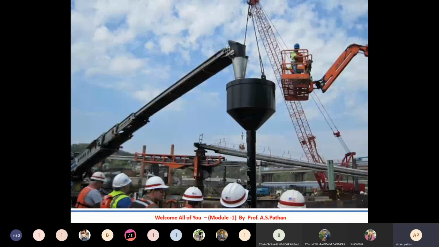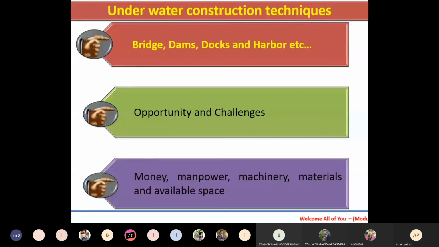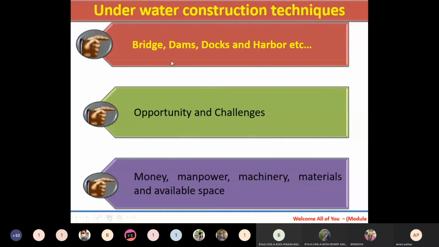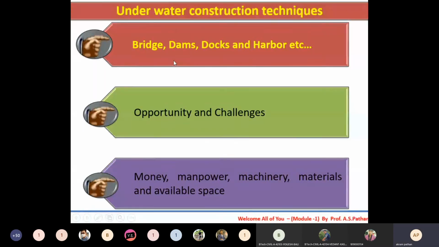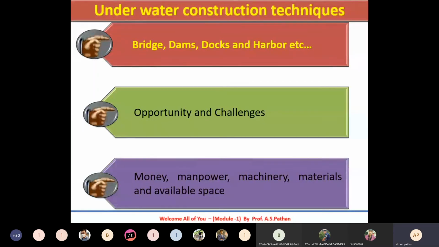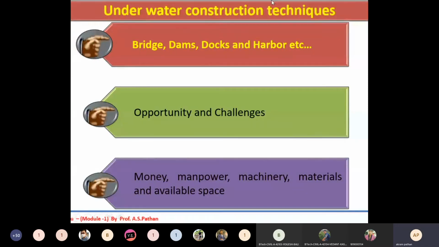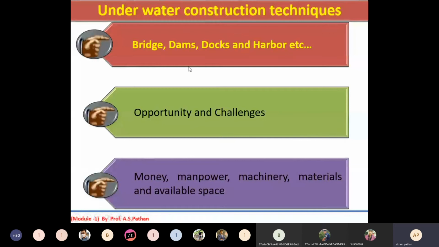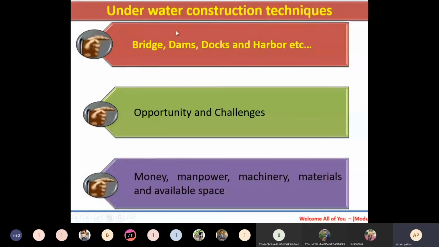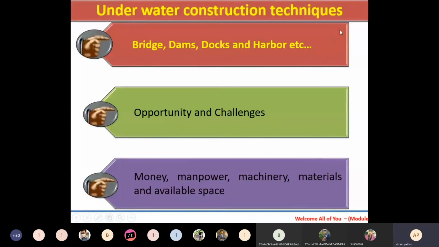So see here, this is what we are going to cover in today's lecture: underwater construction.